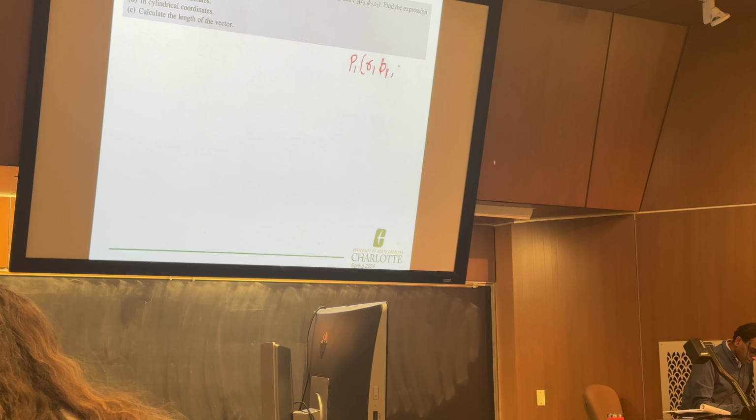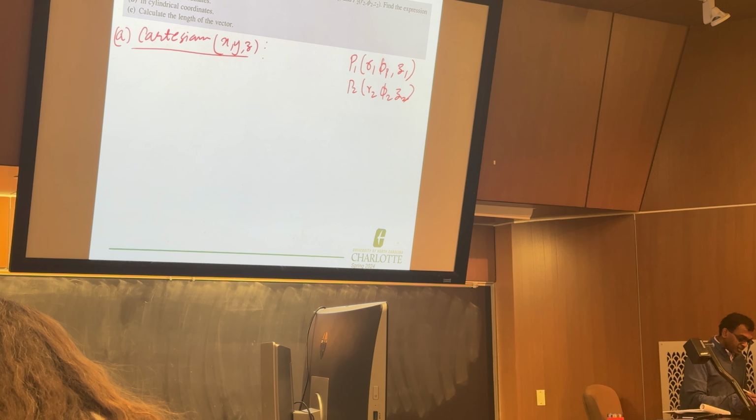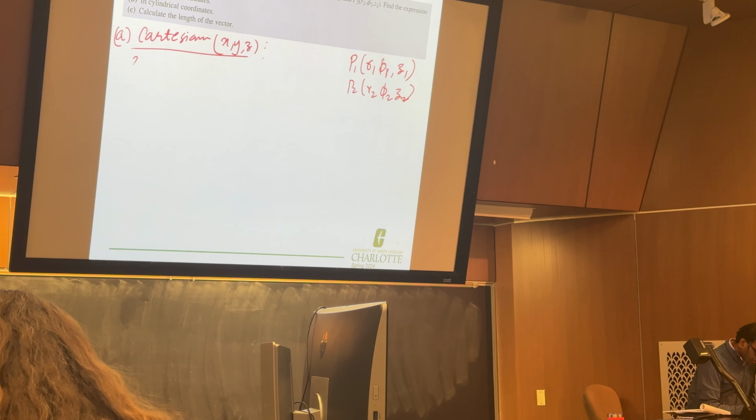Right? So what do we need first? First we need the expressions for a point in the x, y, z coordinate system, and the right hand sides have to be functions of r, phi and z. Okay, r, phi and z.